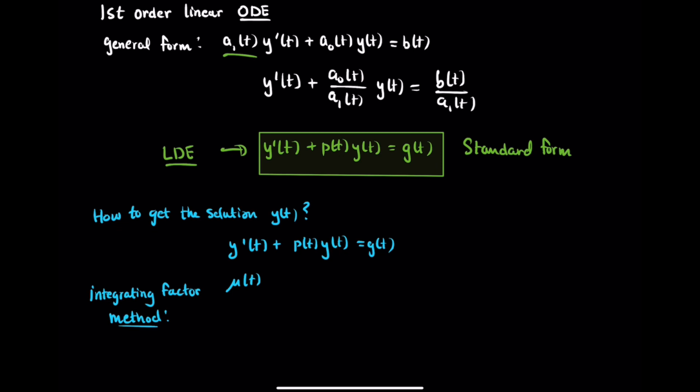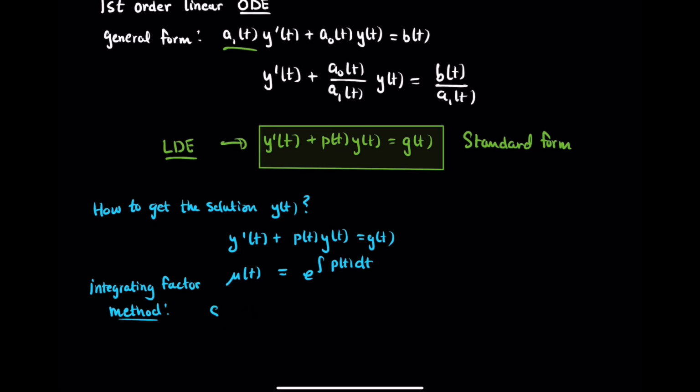It's more intuitive. Okay, so you get mu(t) is equal to e to the integral of p(t) dt, and then that's your mu(t), and then you're gonna get your solution y(t) is equal to 1 over mu(t) integral mu(t) g(t) dt.